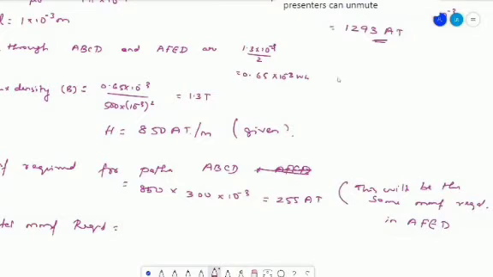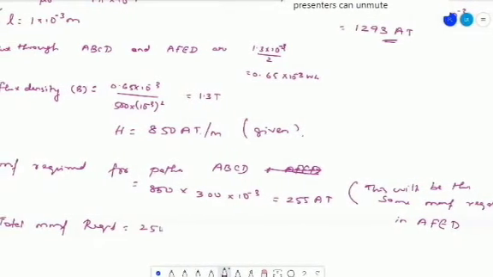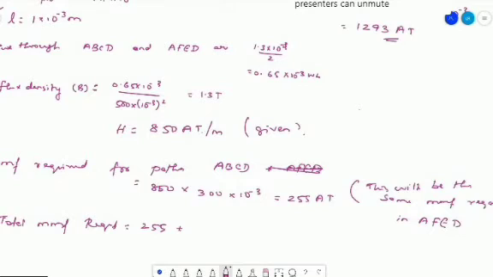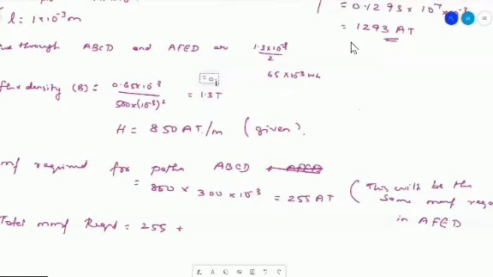So in one place it was 255, and then for the air gap, so this is for the side limb. For the air gap we have found to be how much?